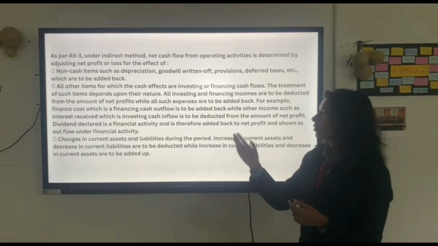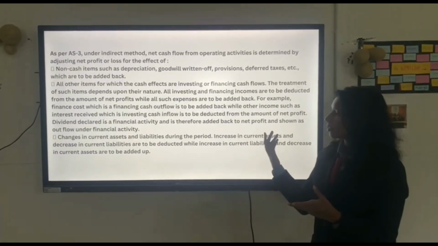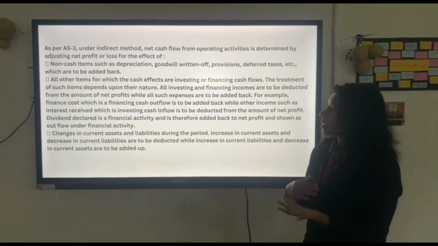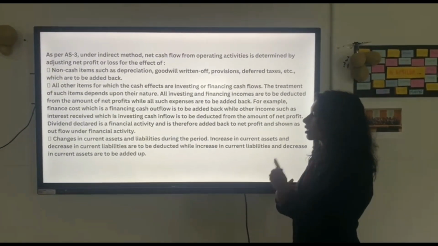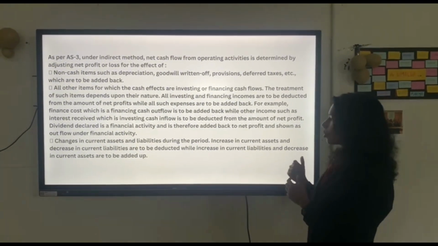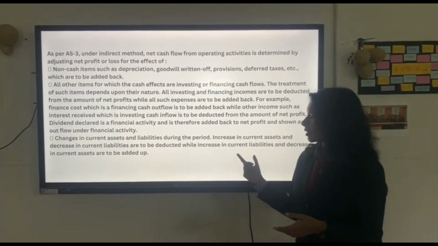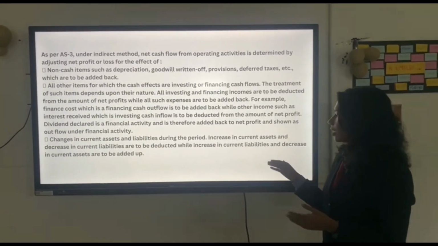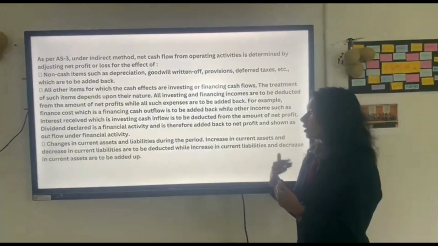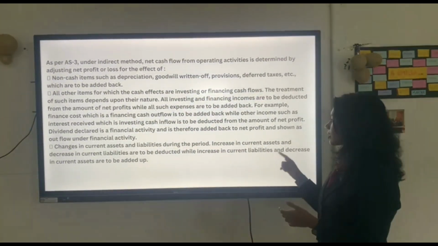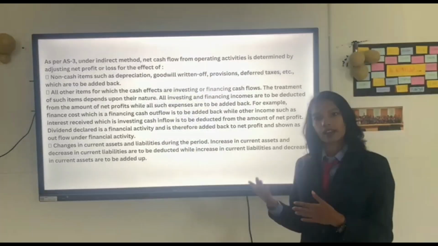For example, finance cost, which is a financing cash outflow, is added back, while other income such as interest received, which is an investing cash inflow, is to be deducted from the amount of profit. And for the changes in current assets and liabilities during the period, increase in current assets and decrease in current liabilities are to be deducted, while increase in current liabilities and decrease in current assets are to be added.